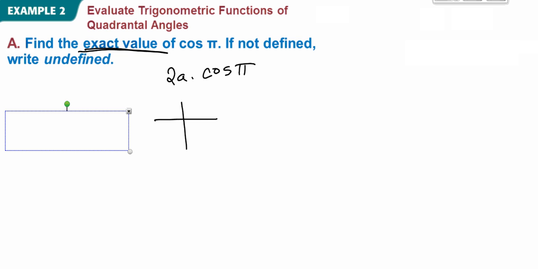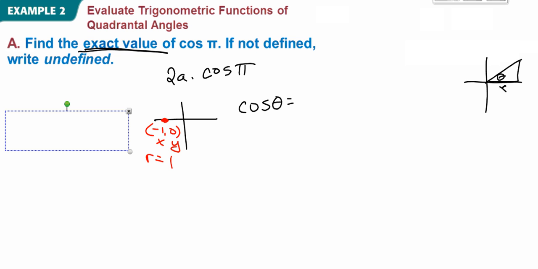They're only asking us for one of those. So it's a quadrant angle. I'm going to put my little dot there. I'm going to label it as (-1, 0). This is x and y. And r is 1. I know that because that's what I get. And the cosine of theta is, and if you need to, think about your little picture. Here's theta, there's x, there's y, here's r.